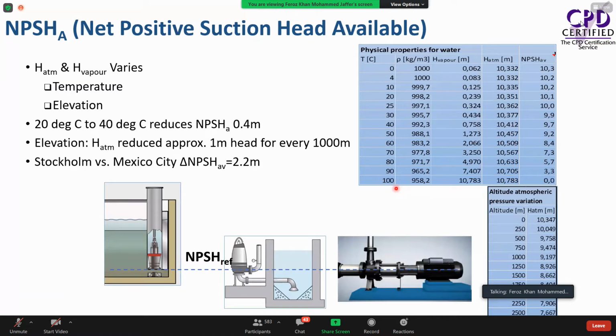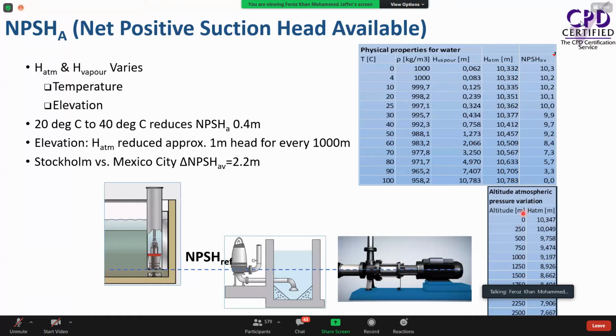But if you are working in a power plant and have a boiler, you need to size a pump for boiler feed application where the temperature will be around 100 degrees, then this can be really dangerous because NPSH available is 0. So it doesn't have any pressure at the pump inlet. In this case, we need to provide positive suction head.